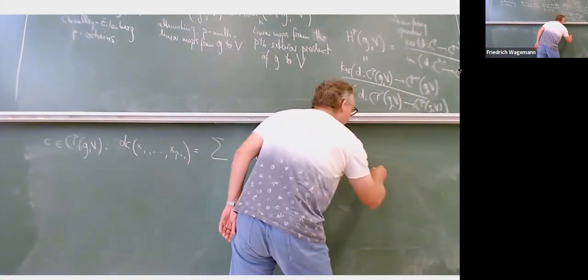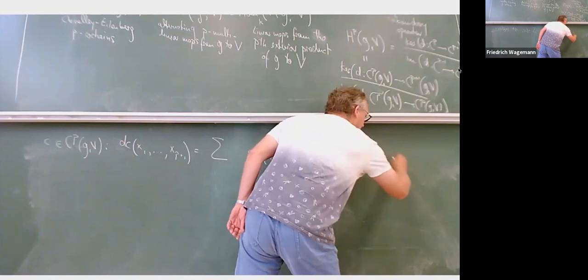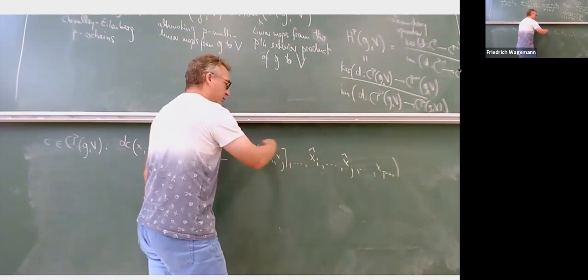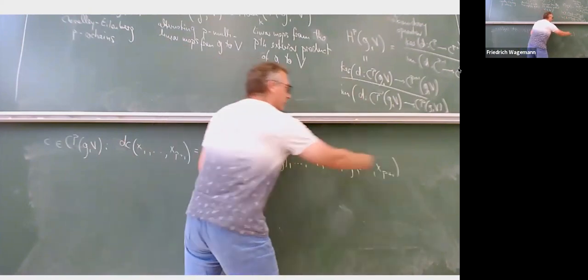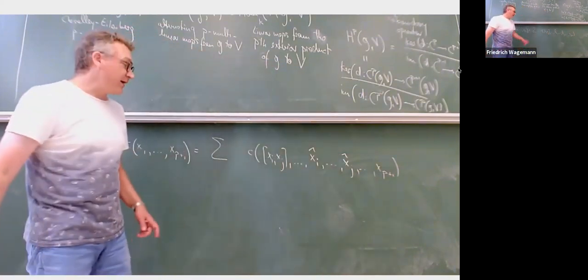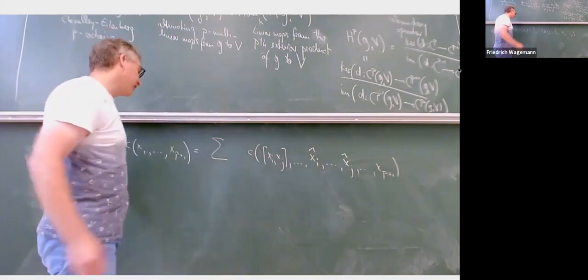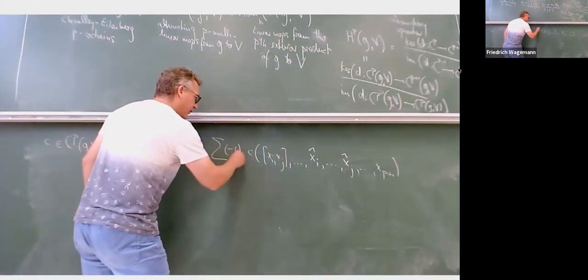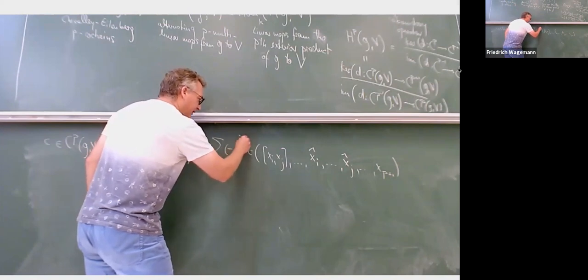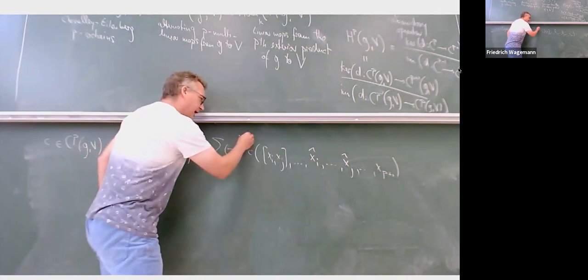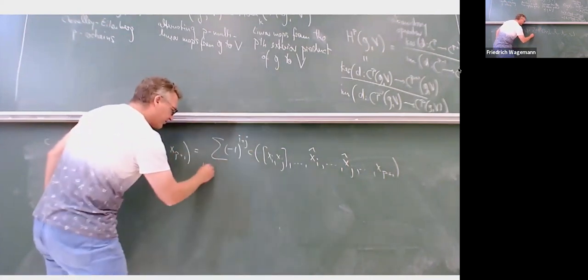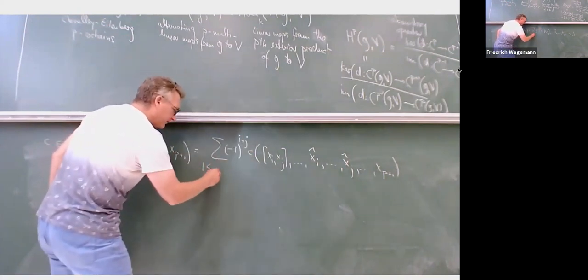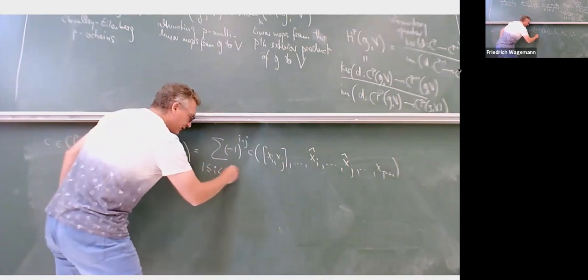I take them out and put in their bracket, so there's one element less, and it makes sense to evaluate C on these P elements. It comes with a sign, minus 1 to the i plus j, and the sum is over all i less than j.